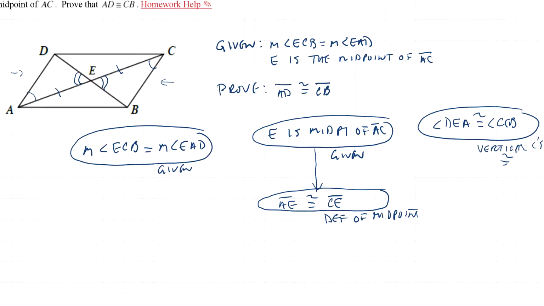Okay, so now what I have, that information right there, hopefully everybody can see this, is that these two triangles are congruent.